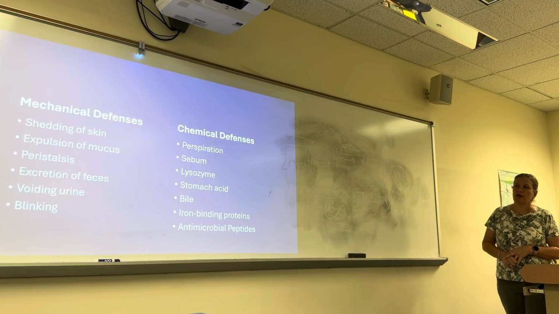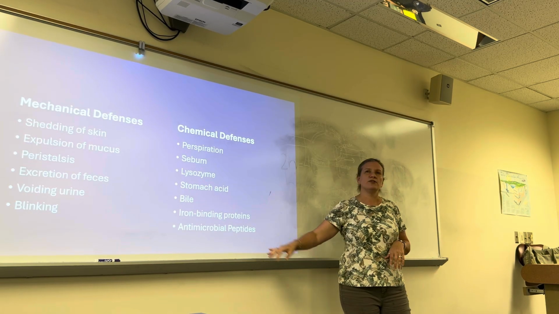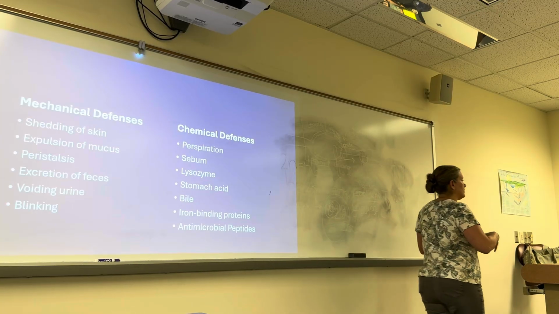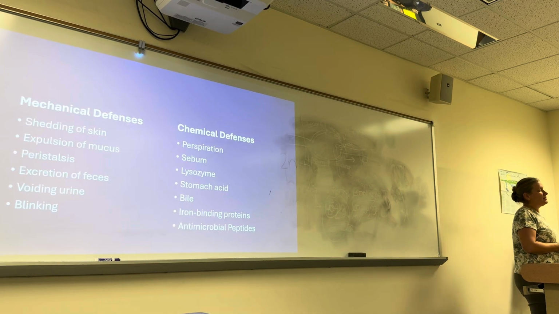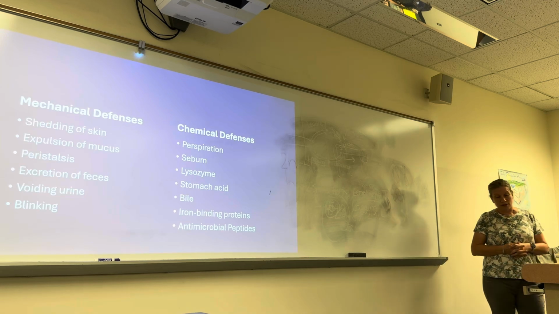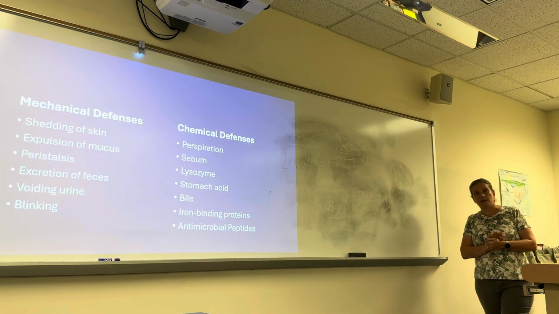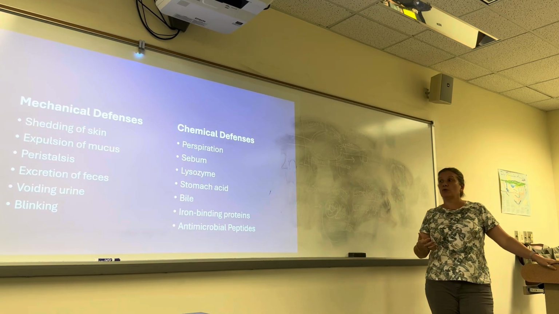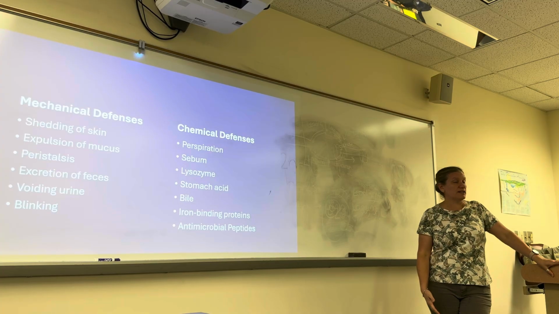We also have iron binding proteins. This will pop up in the next slide again with some of our antimicrobial peptides for this particular text. They had it kind of linked with that. But the iron binding proteins we're going to find in different fluids that are produced. And iron, why would that be important? Well, iron is going to serve as a cofactor for many enzymes for metabolism.